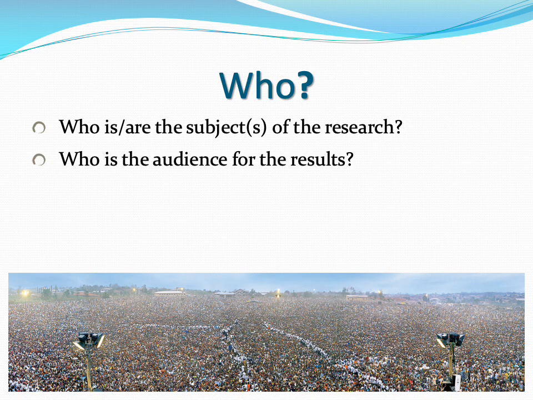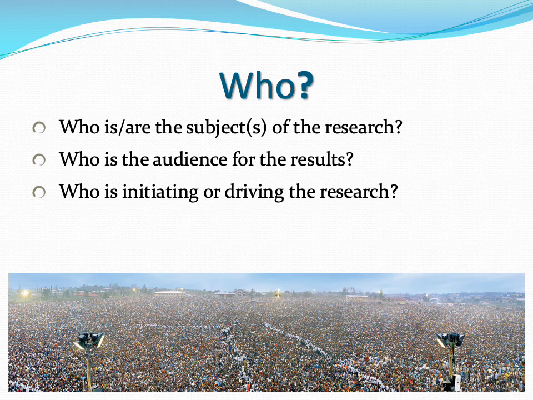A couple of other things that are really important when it comes to the who is who's the audience for the results, as in who's going to be reading the report. For example, nowadays, maybe you're doing a project on the economic impact of an event, a music festival.